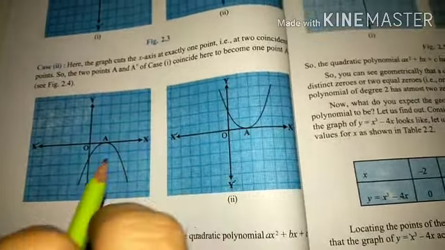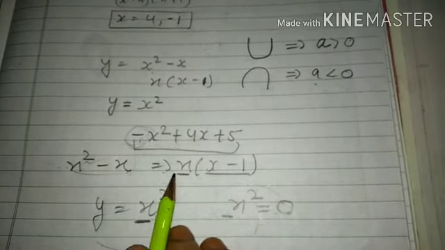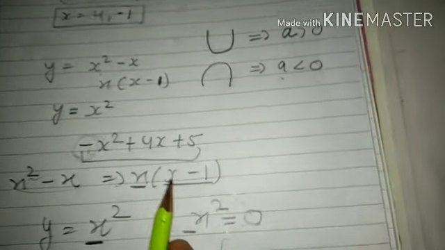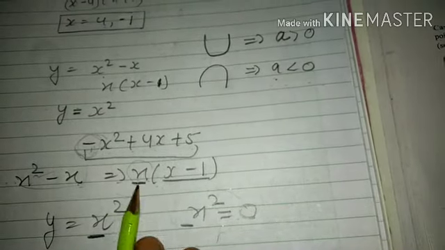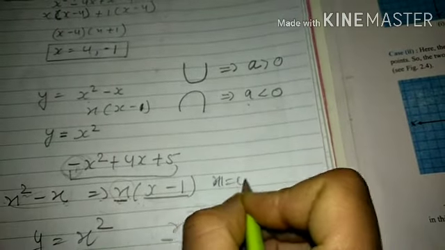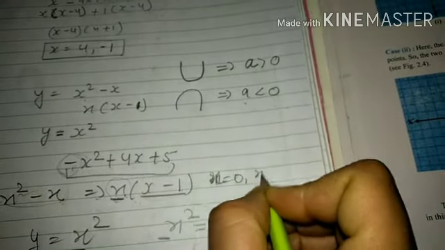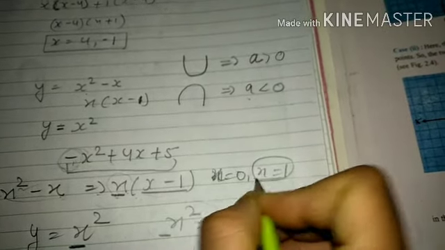If we have a quadratic polynomial x square minus x, we take x common: x times x minus 1. Then x is equal to 0 and x is equal to 1. So the graph is touching at only one point.